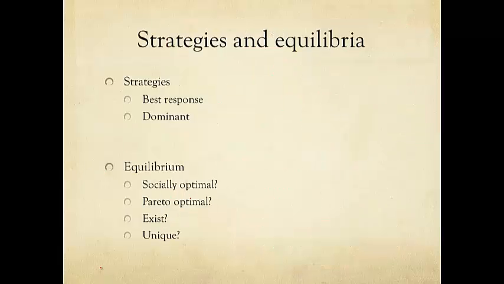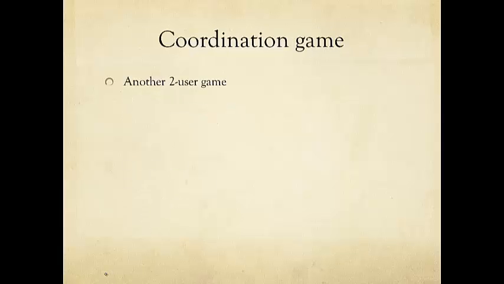So in what we just talked about, we have defined the best response strategy in a game and the dominant strategy in a game. Now, there may not be a dominant strategy, as we'll see right away. This is another famous example called the coordination game. Suppose there are two users, again, you and your friend, and one night you decide that maybe you should go watch a movie.